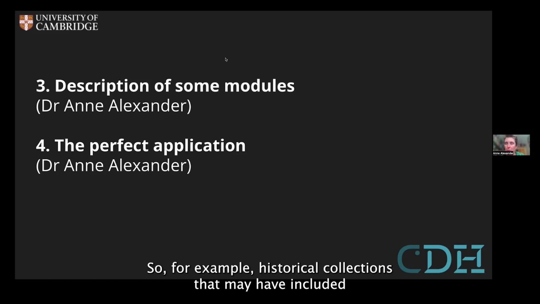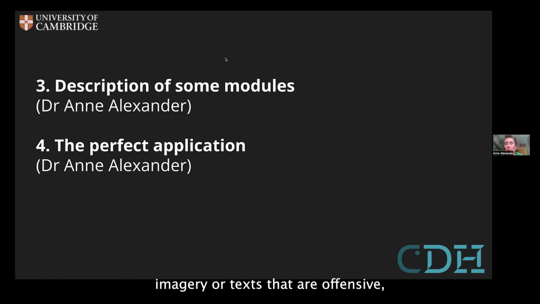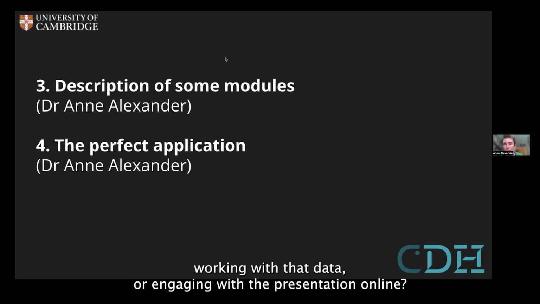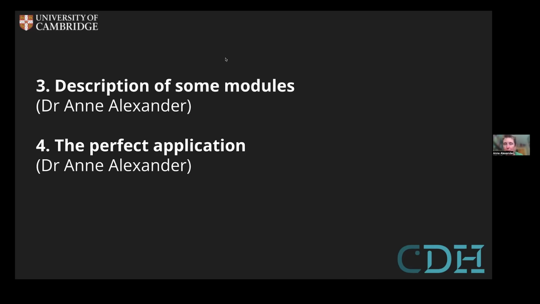So, for example, historical collections that may have included imagery or text that are offensive. How can that best be contextualized, and what do we need to take into account when designing projects working with that data or engaging with their presentation online?